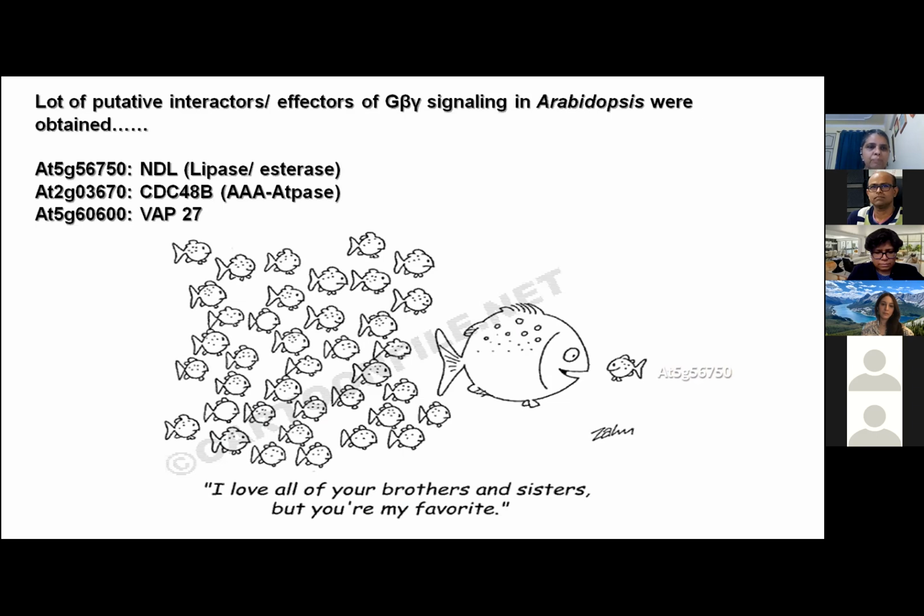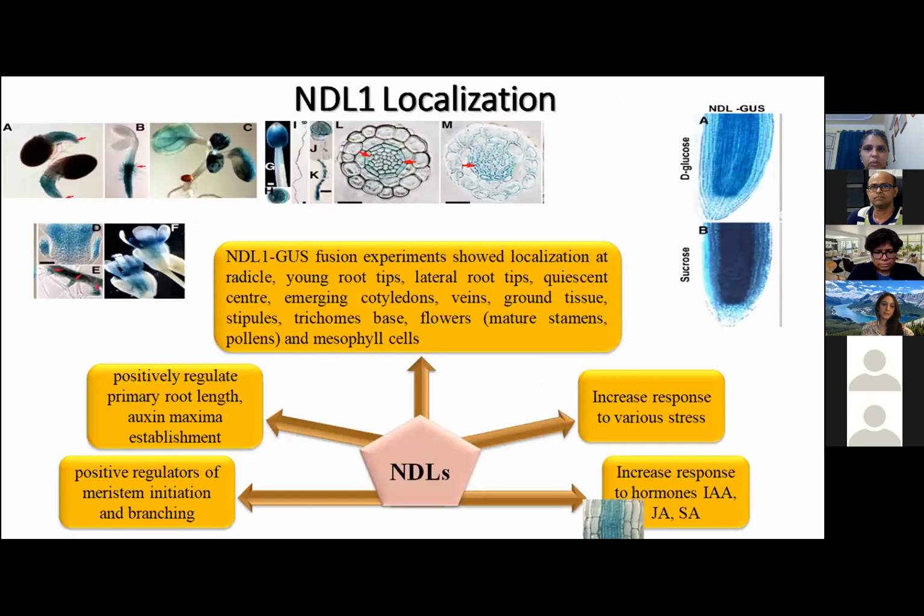So I found certain interesting candidates, which I followed up further, and NDL1 was one of them. In the beta screen, I found NDL1, and I pursued it further. So what is NDL1? It is a beta interactor, of course, because we found it in the beta screen.